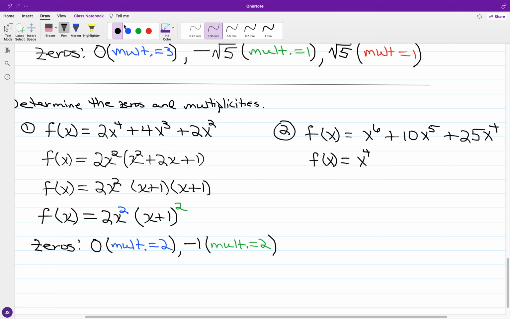Taking x to the fourth out of this expression, we have x squared plus 10x plus 25. Okay, so we have x to the fourth, and x squared plus 10x plus 25 is going to factor out to x plus 5 times itself.